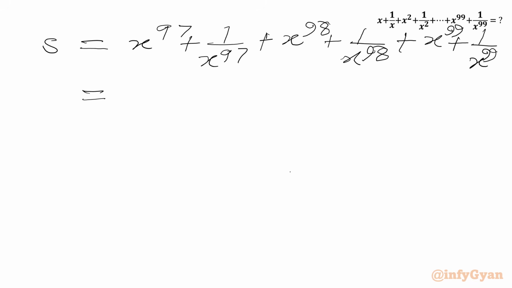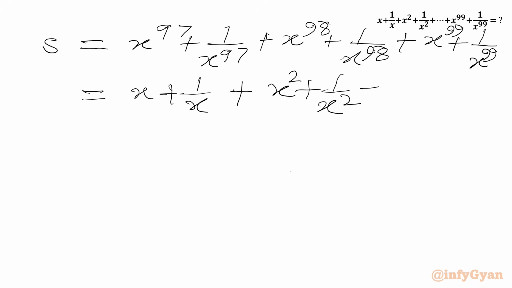And this will be same as x plus 1 over x plus x square plus 1 over x square plus x cube plus 1 over x cube, as these values are periodic after every 6 values or equations.